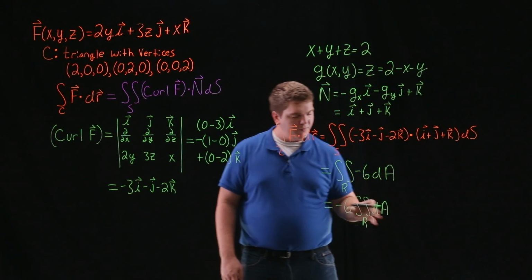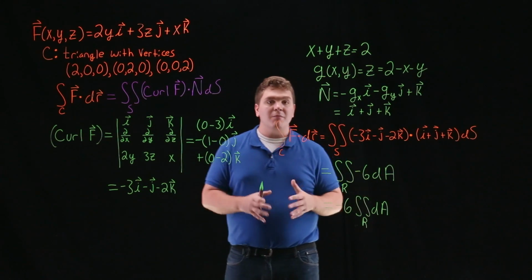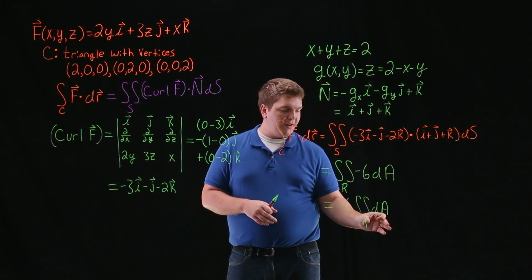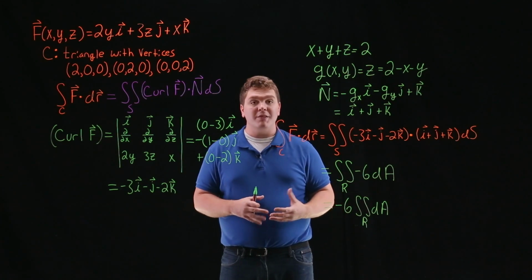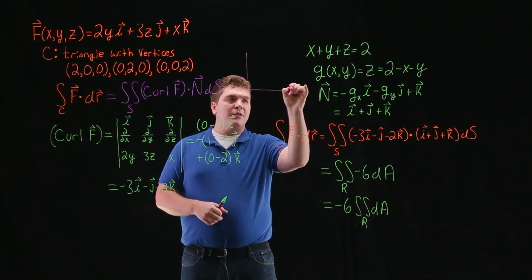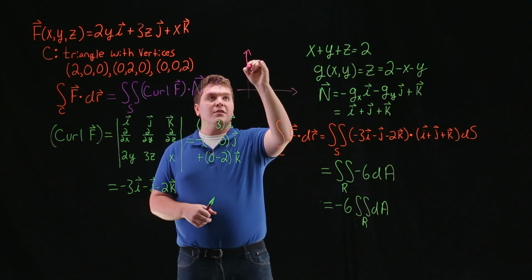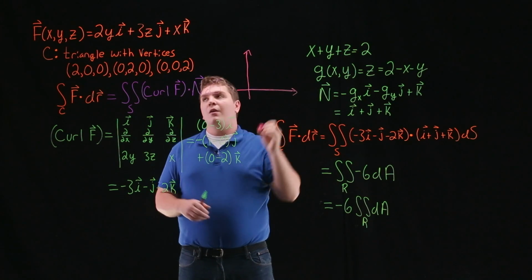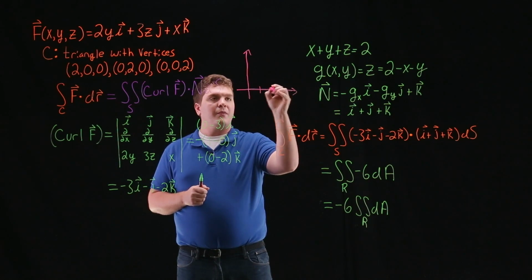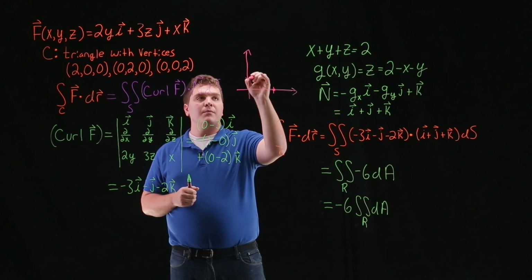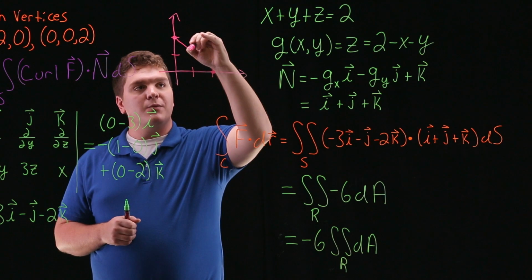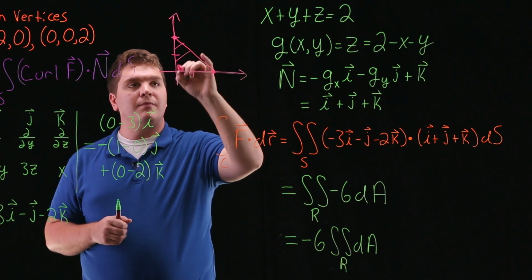If we sketch a quick picture of the points (2, 0, 0) and (0, 2, 0) in the xy plane, the trace in the xy plane is a triangle.